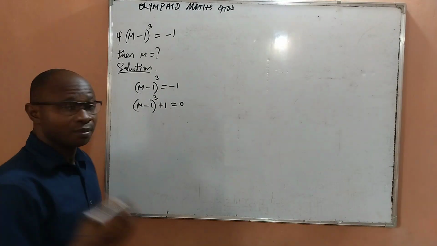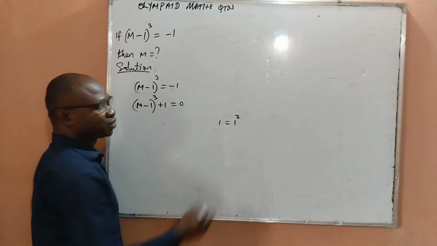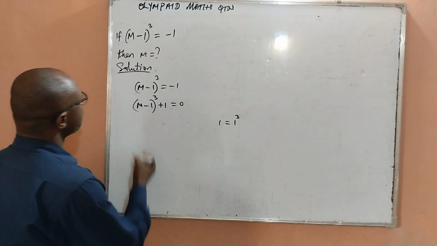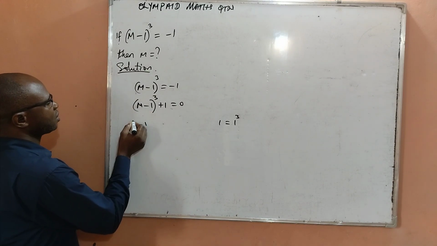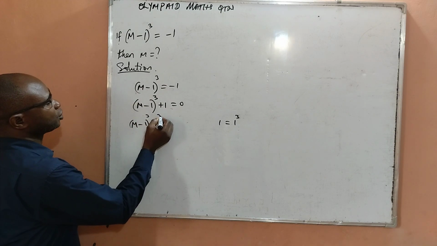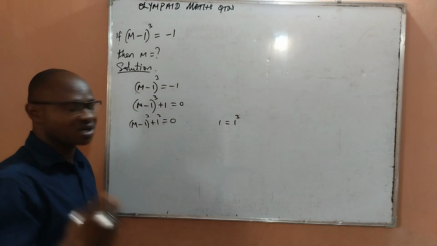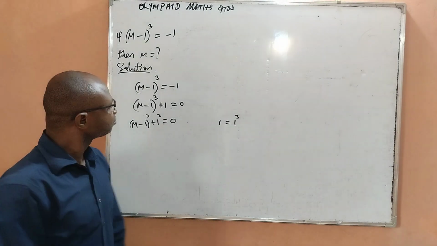Very good. But you know, 1 is the same as 1 cubed. Therefore, I can write this as n minus 1 cubed plus 1 cubed is equal to 0, since 1 is equal to 1 cubed.